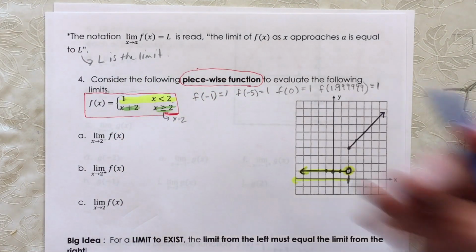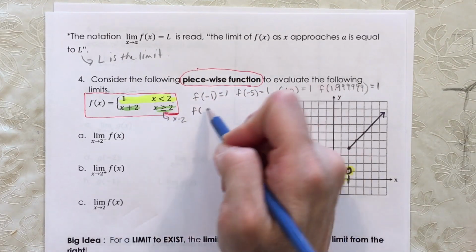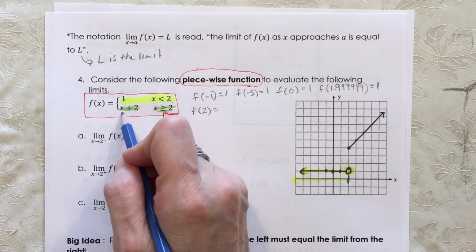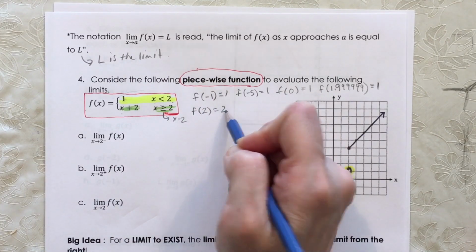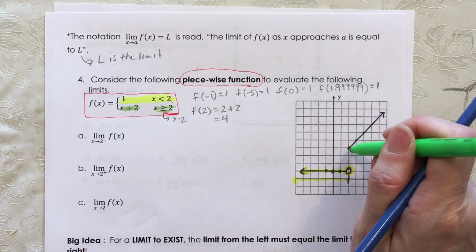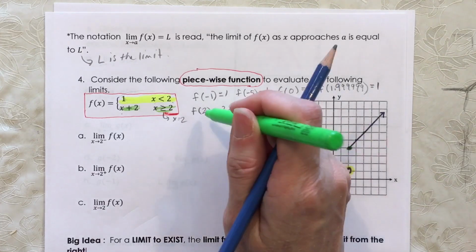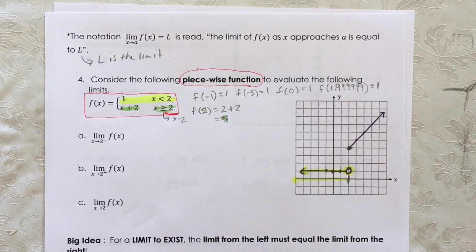So for instance, f at 2, because I'm greater than or equal to, so I'm allowed to equal 2, is defined by this function, x plus 2, so 2 plus 2, which is 4. And that gives you this filled in point here, which I just showed in green, so (2, 4).